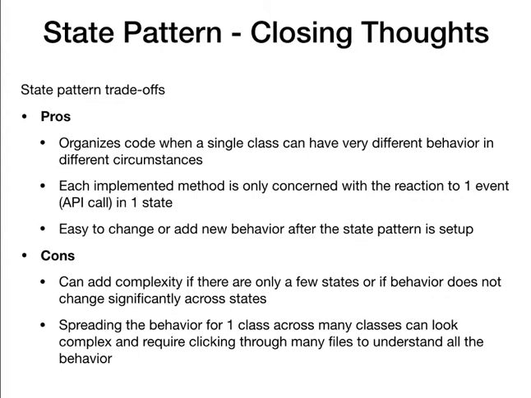We have some pros, but those pros apply if you have wildly different behavior in the same object under different circumstances. If you don't, if you have just a few states, maybe only 2 states, or even 3 in some cases, or maybe across those different states the behavior doesn't really change all that much, you're probably a lot better off just throwing in an if statement, having a few conditionals, if, else, and modifying your behavior based on that.